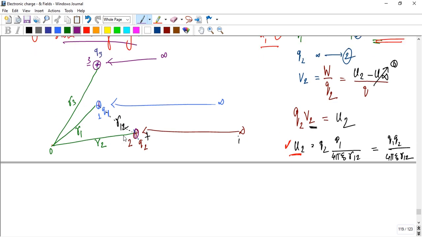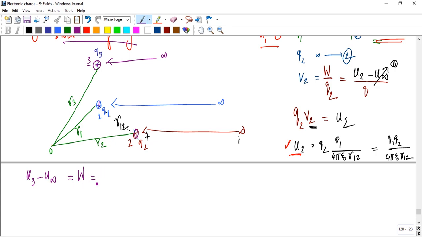So here we see that for Q1, point 3 and infinity to 3, final minus initial is the change in potential energy, which is obviously the work done. The work is done against the repulsive force, because these two charges are positive like charges, so there is a repulsive force.